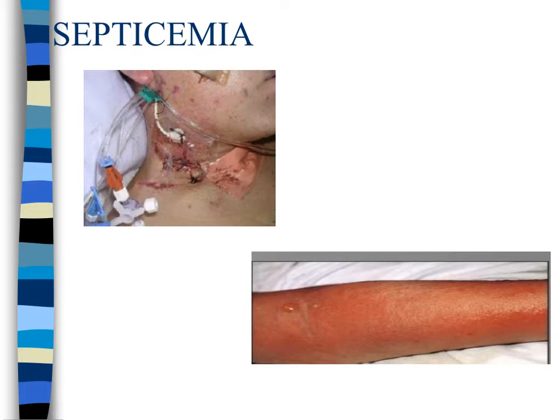Treatment begins with restarting a new IV system, obtaining cultures, notifying the provider, initiating antimicrobial therapy as ordered, and monitoring the patient closely. Risk factors include patient susceptibility and infusion-related sources. Keep in mind that central line-associated bloodstream infections, which can result in septicemia, are a reportable adverse event at the hospital.